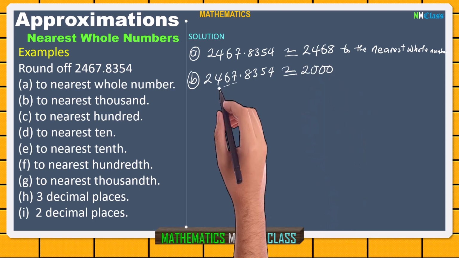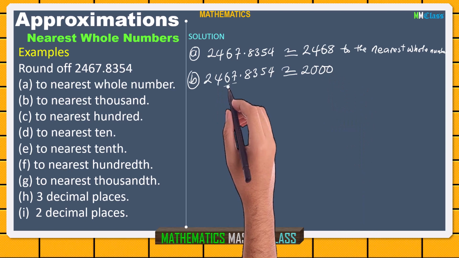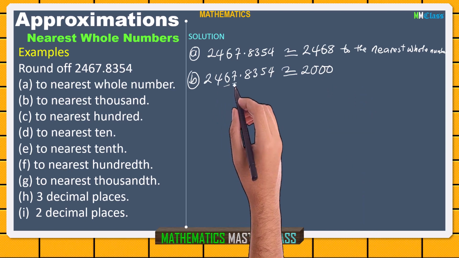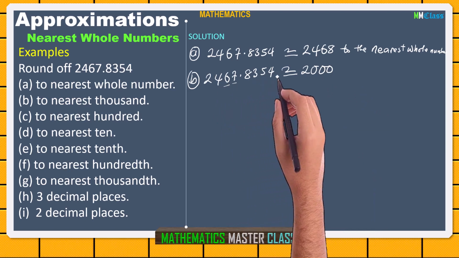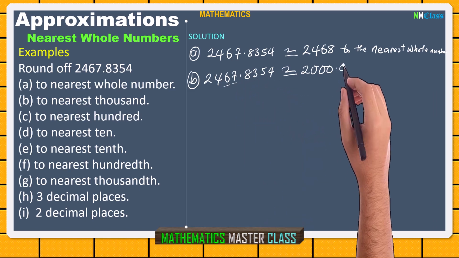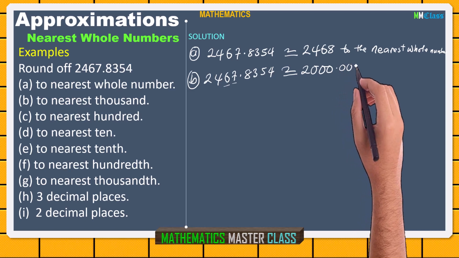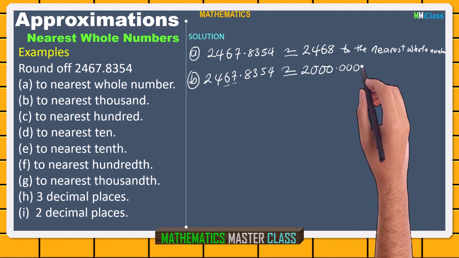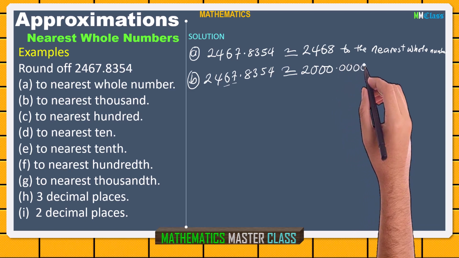2000. So 4 will be turned to 0, 6 will be turned to 0, 7 will be turned to 0. Even all of these numbers will be turned to 0. 8 will be turned to 0, 3 will be turned to 0, 5 will be turned to 0, and 4 will be turned to 0.